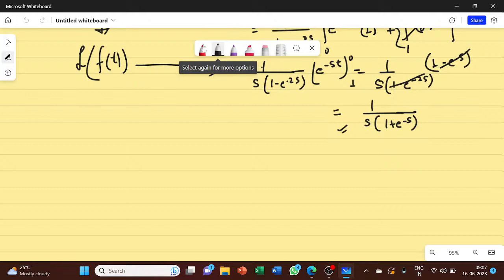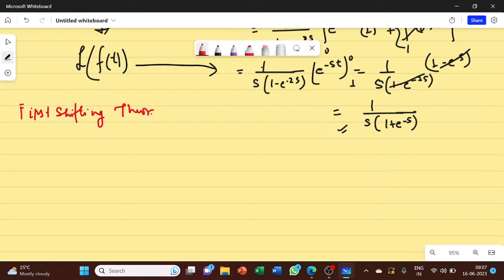Now, another important theorem that needs to be remembered is called the first shifting theorem. I'll write it here. This is called the first shifting theorem. And what does it say?